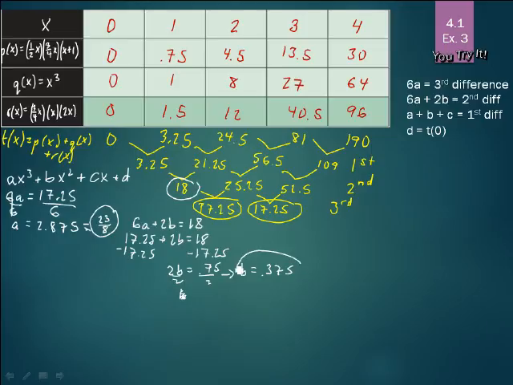Okay, so now let's find c. So a plus b plus c will equal the first difference, that's between x equals 0 and x equals 1, which is 3 and 25 hundredths. So a is going to be here. There's our decimal form and then fraction. Let's go ahead and convert b into a fraction also, because we'll need that for the end here.